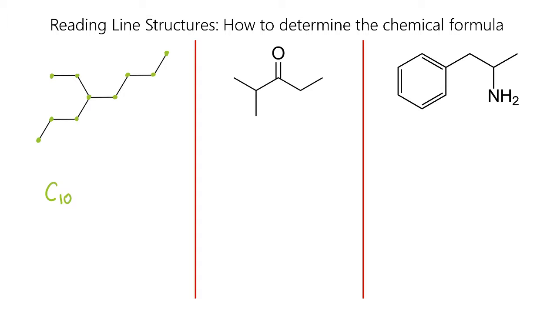And to determine the number of hydrogens that a particular carbon has, you have to know that carbon can have up to 4 bonds. So let's take a look at this carbon on the very bottom left. This carbon here already has 1 bond connecting itself to another carbon. If carbon can have a maximum of 4 bonds and 1 bond is explicitly shown, that means that there are 3 possible places hydrogen could go.